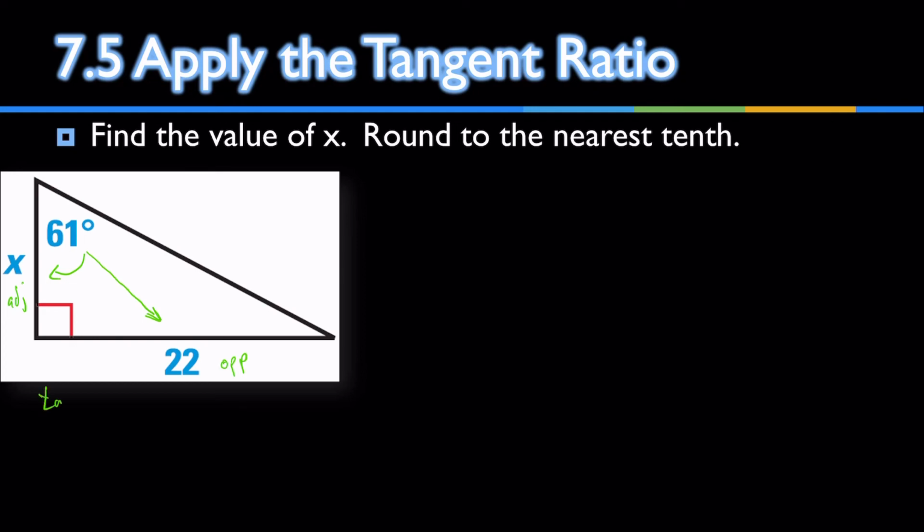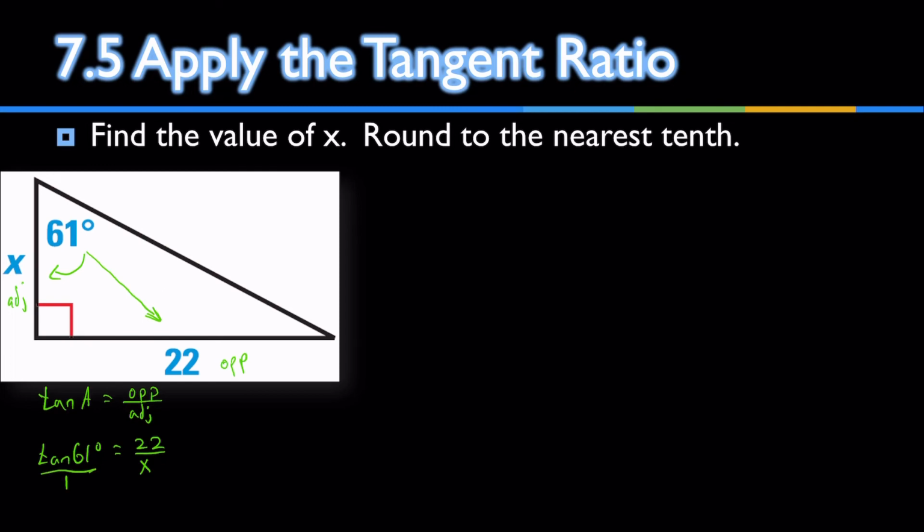So if tangent is the opposite over the adjacent, our angle is 61 degrees, the opposite is 22, the adjacent is x. And we need to solve for x.